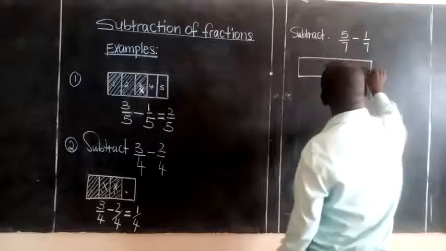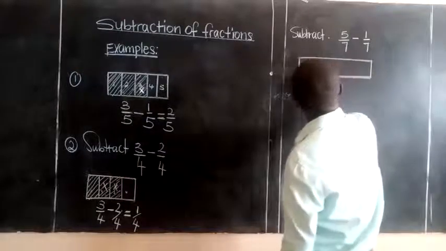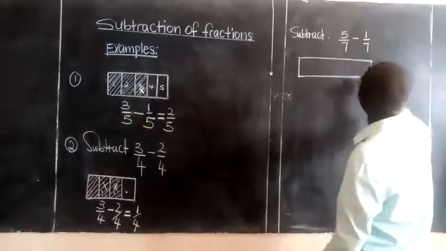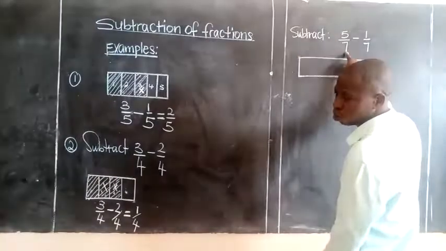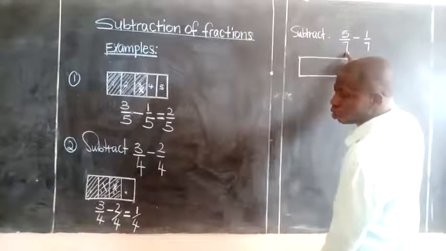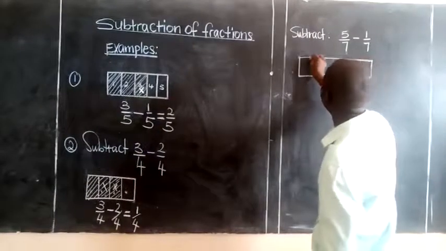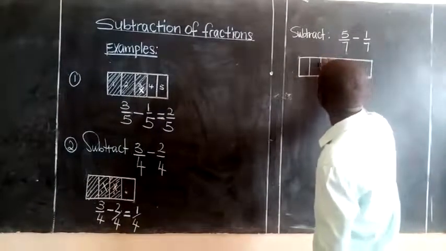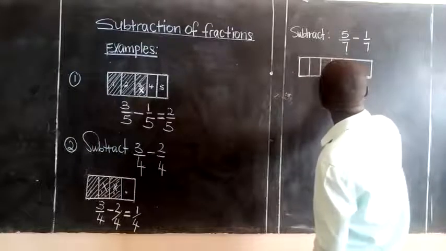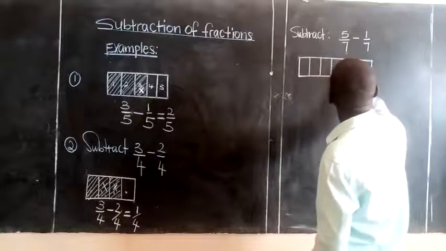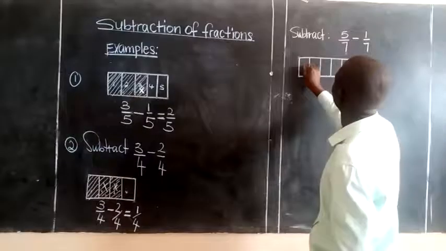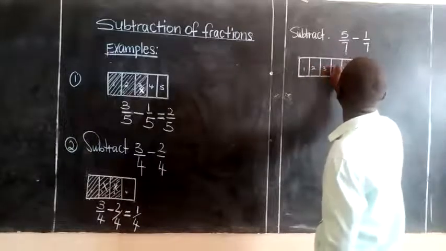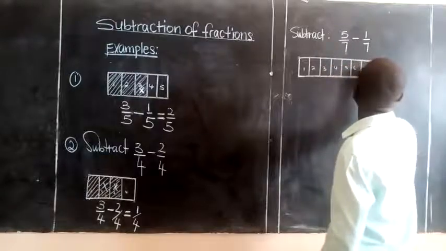When we are dividing it into parts, we shall follow the denominator. We shall divide it into 7 parts: 1, 2, 3, 4, 5, 6, 7.